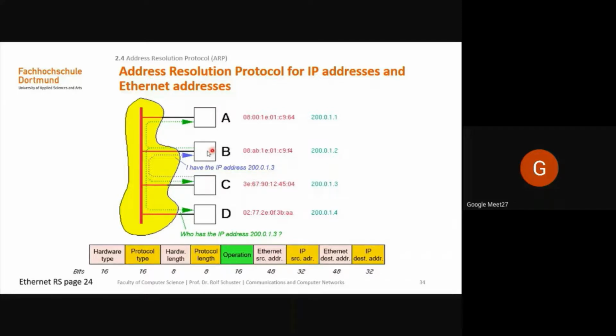When B needs to send an IP datagram to this destination, B will encapsulate the IP datagram into an Ethernet 2 frame, whose MAC destination is this one.